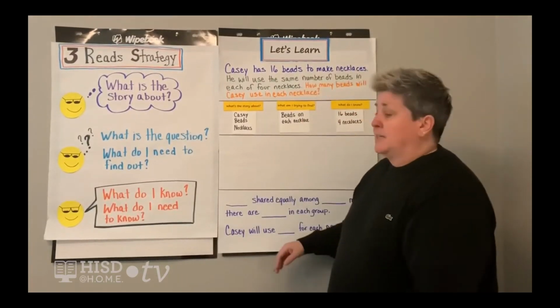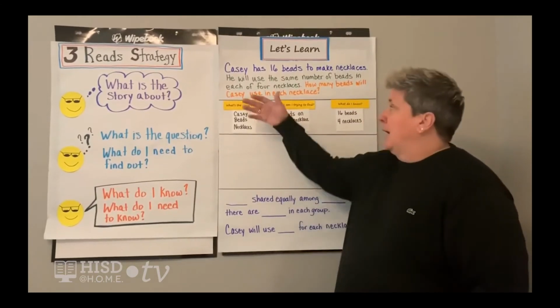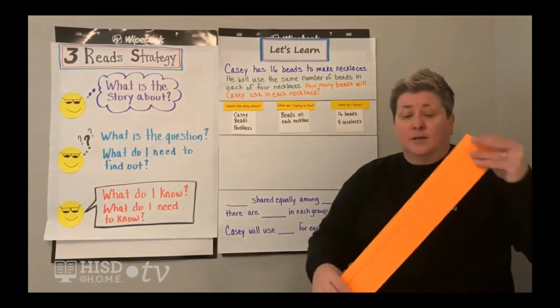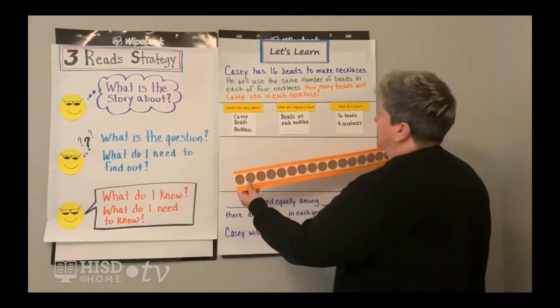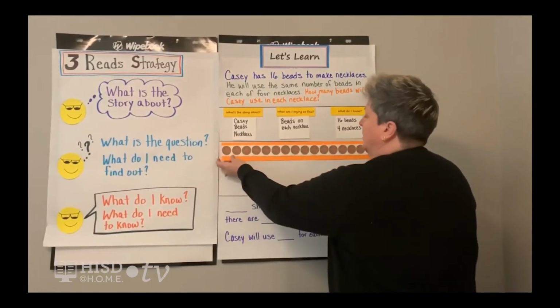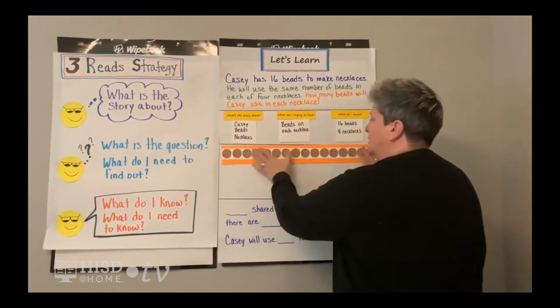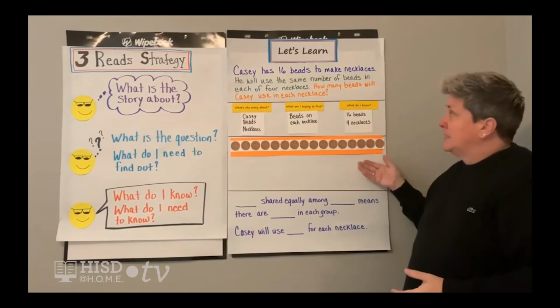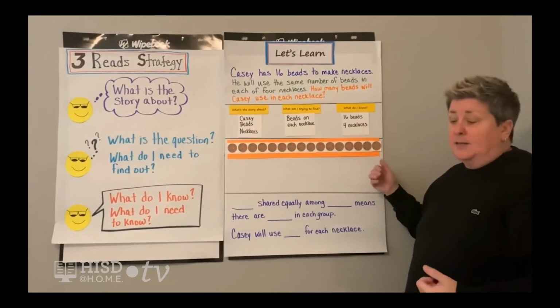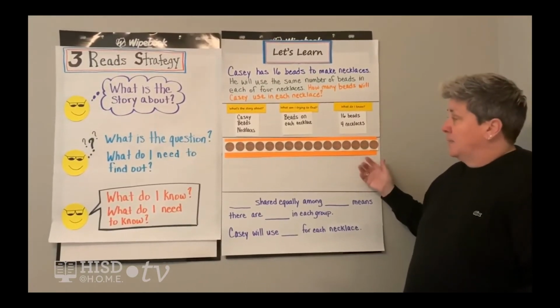So let's break this down a little bit further and think about what this might look like. When I read the first sentence that said that Casey has 16 beads, we know that it looks like this. These beads represent the 16 beads that Casey has to make necklaces.